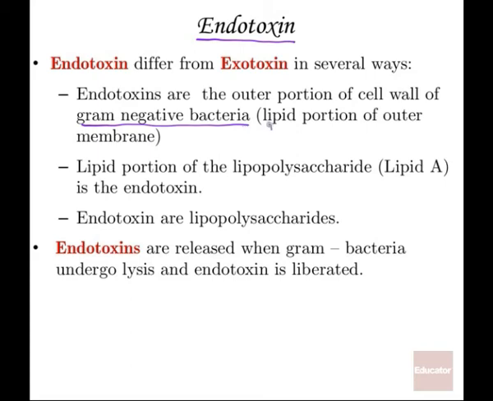The lipid portion of the outer membrane is potentially capable of being an endotoxin. If you recall that lecture we had on membranes, lipid A was part of the gram-negative cell wall on that outer membrane.